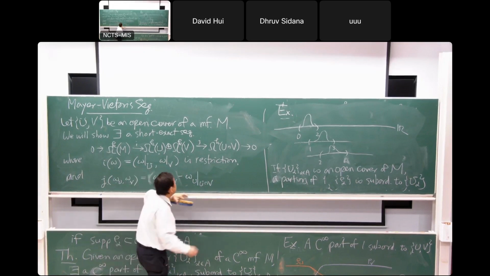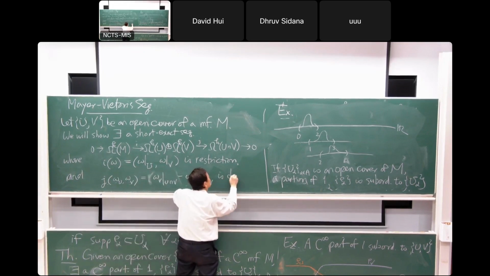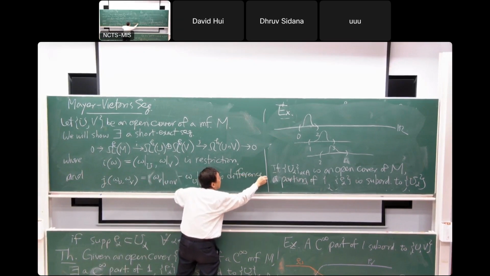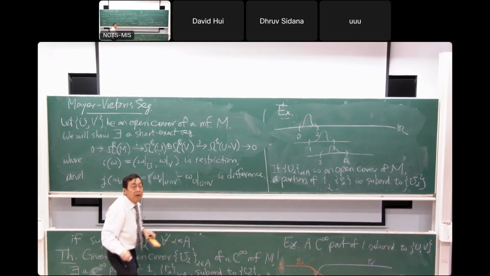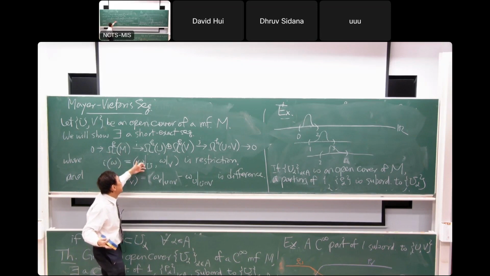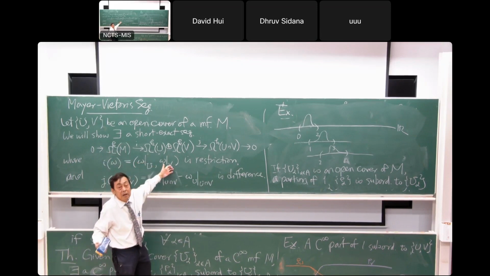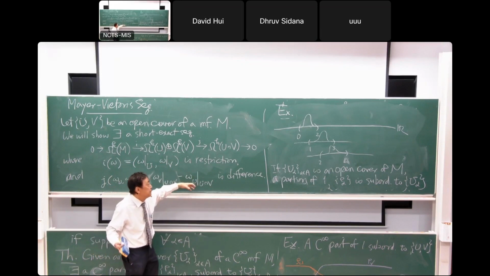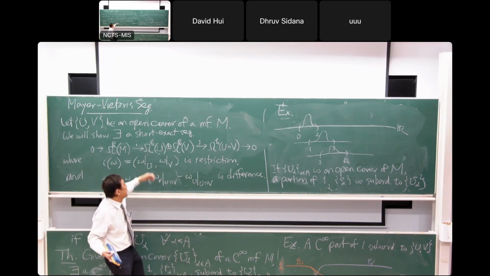So J is the difference map. And obviously, if you take a form and restrict it to U and V, they're going to be the same on the intersection, so when you take the difference, you'll get zero. So you can see quite easily that J composed with I is zero.